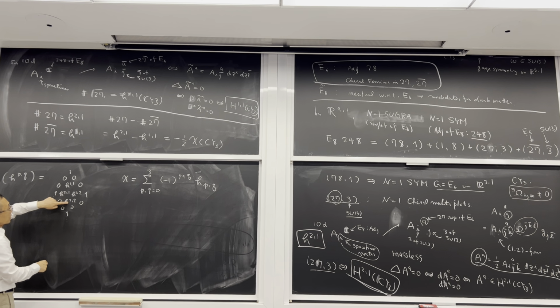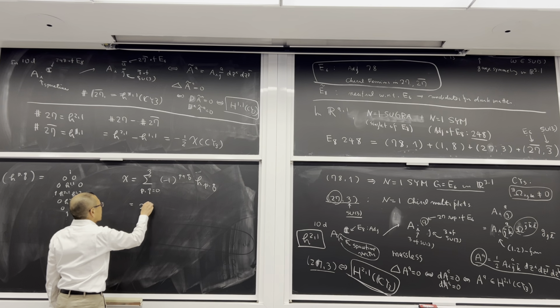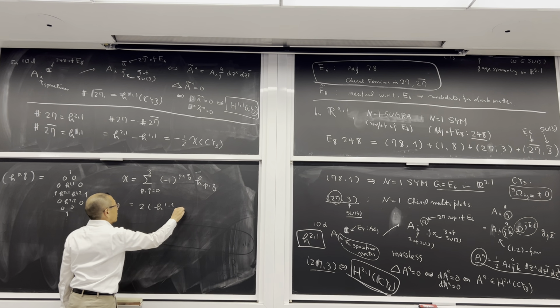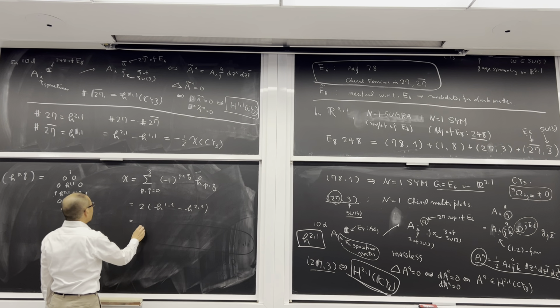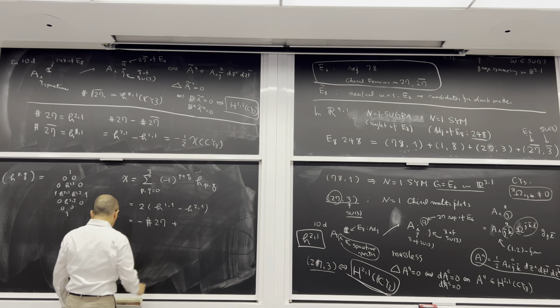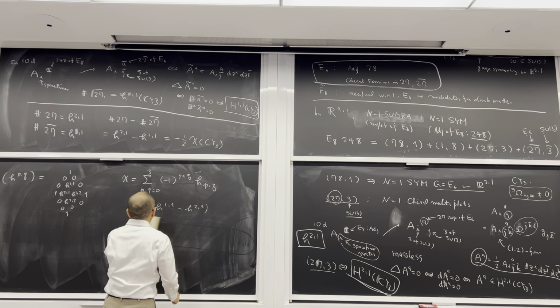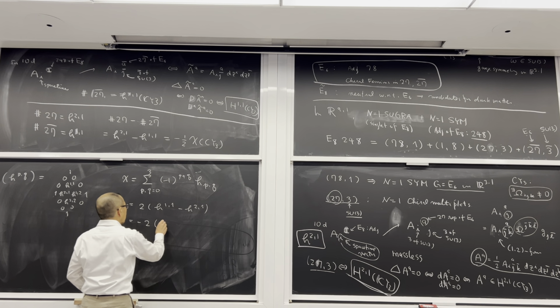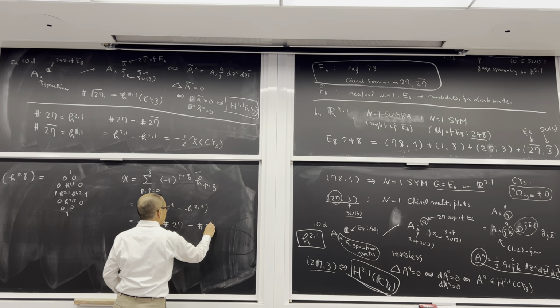H11 and H22 are the same number by Hodge duality, and H21 and H12 are the same. So that means this is equal to twice H11 minus H21. So this turns out to be equal, therefore, to minus twice the number of 27 minus the number of 27 bar.